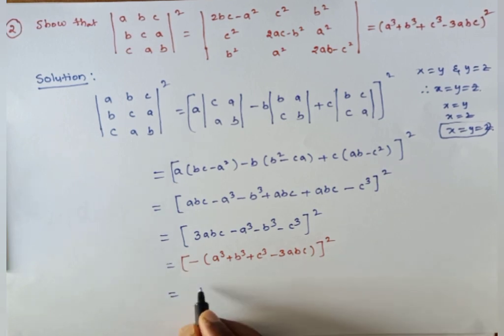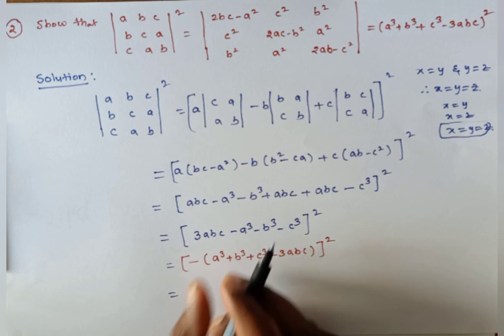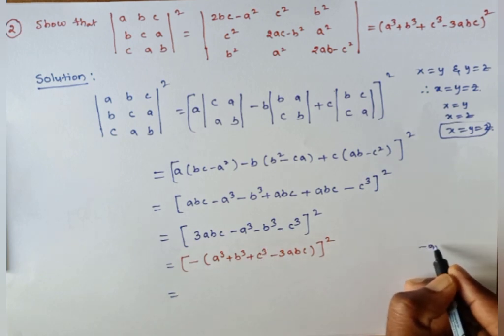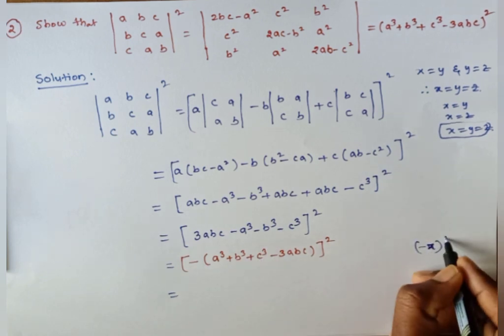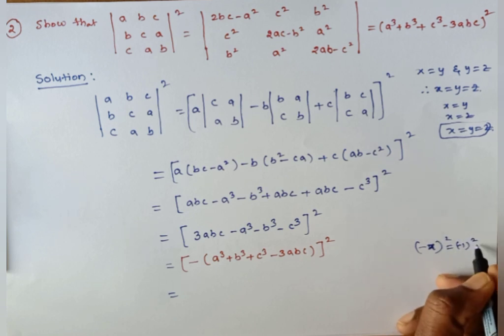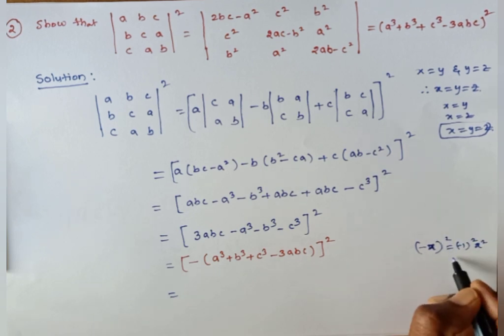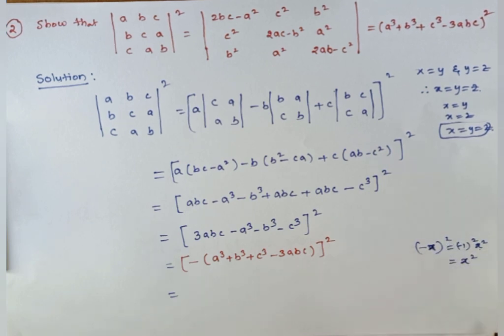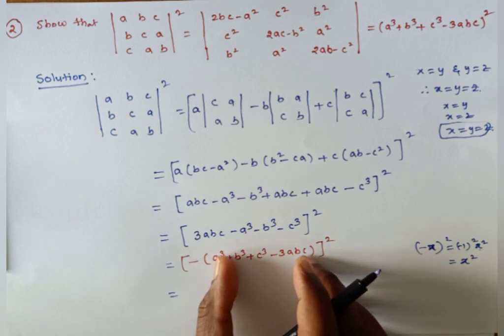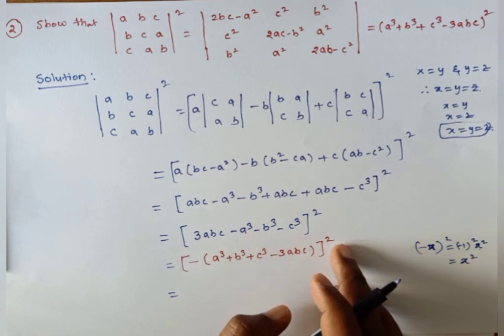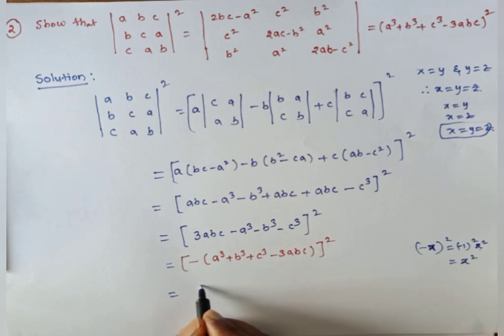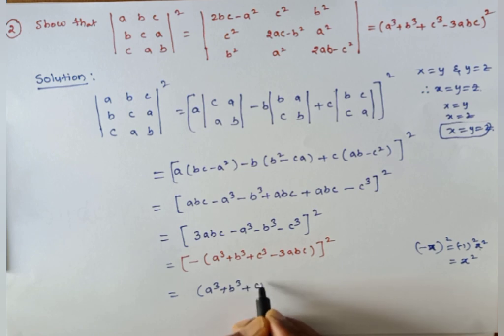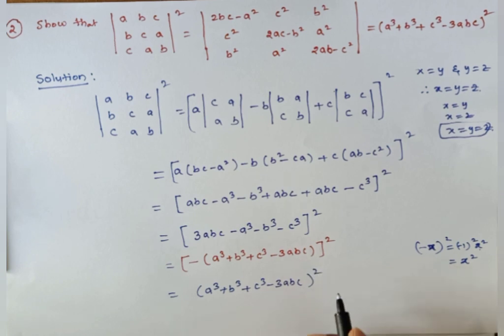Minus x whole square is nothing but minus 1 square into x square, right? So minus 1 square is nothing but plus 1, so minus x whole square is nothing but plus x square, that is a cube plus b cube plus c cube minus 3abc whole square.